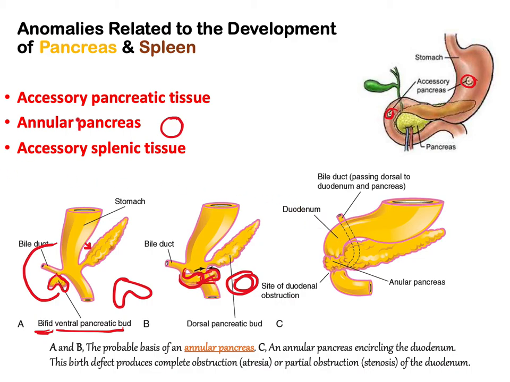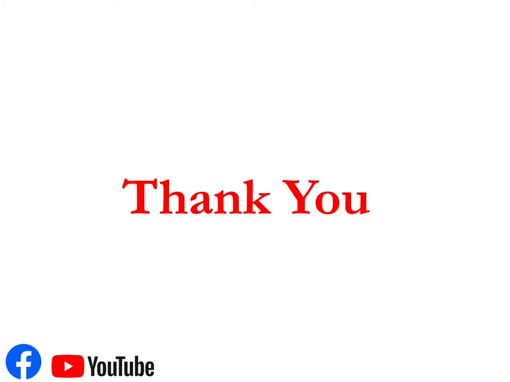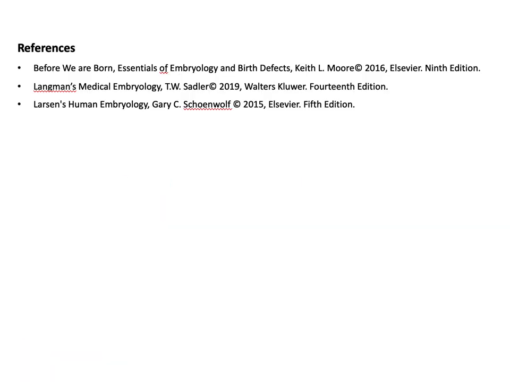Sometimes you get not just accessory pancreatic tissue, you get accessory splenic tissue as well, close to the hilum of the spleen. So that was, my friends, about the development of the foregut, and thank you for listening, and I hope you find value in it. Thank you.